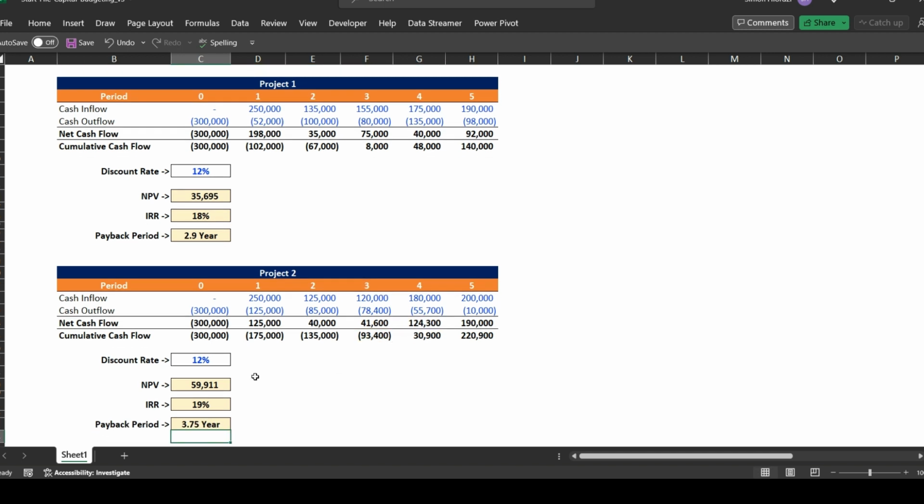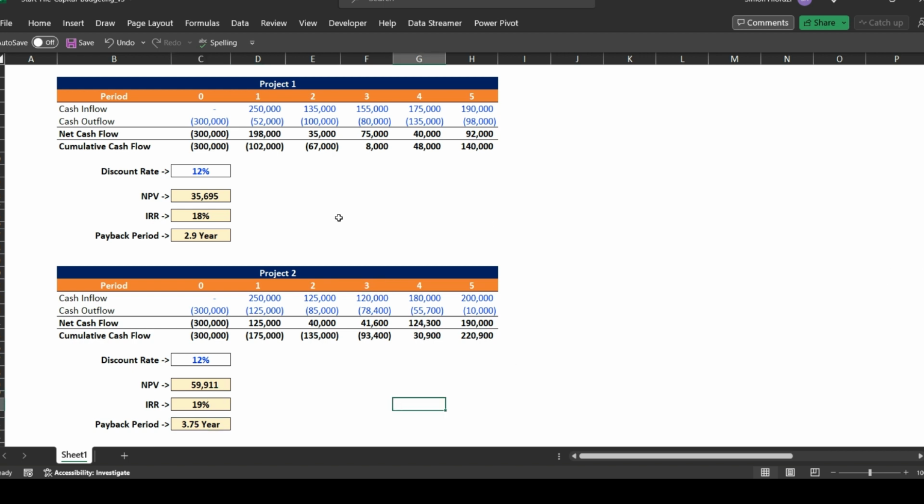Let's hit that. So you can see here, it means that the cumulative cash balance was not reached entirely in year 4, but rather the full year 3 plus some portion of year 4, which gives us about three quarters of a year.